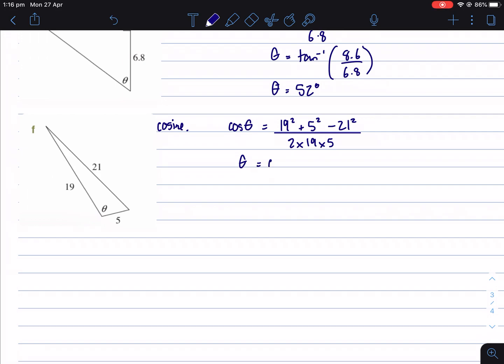So theta then equals the arc cos of all that. So we get theta equals 107 degrees, and that's question 2.